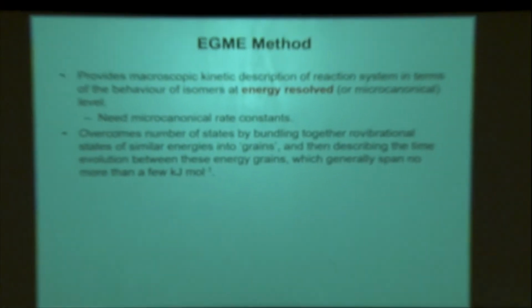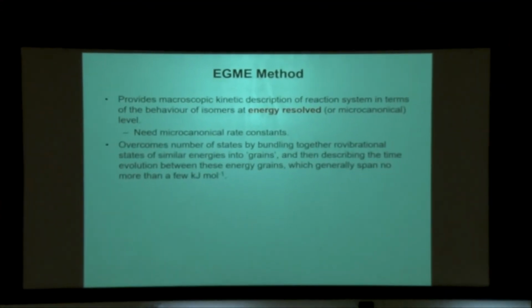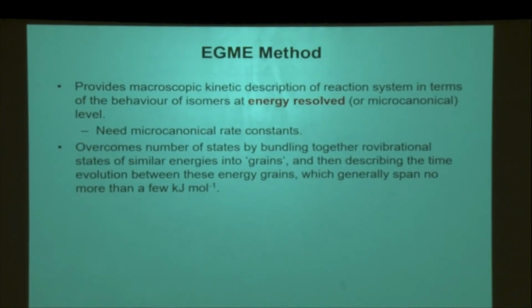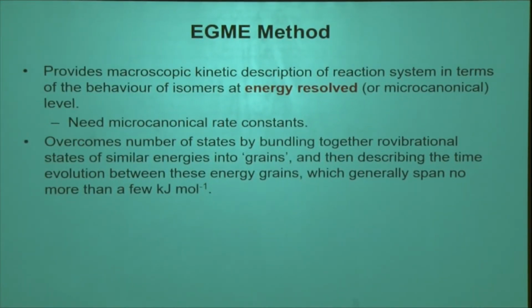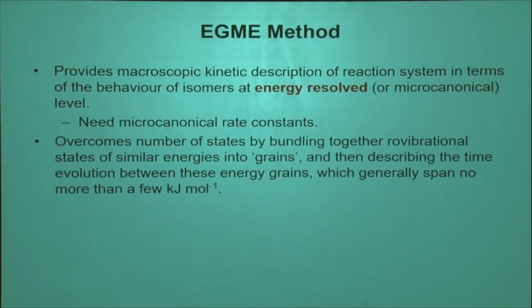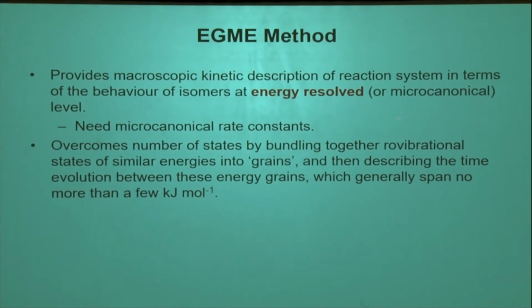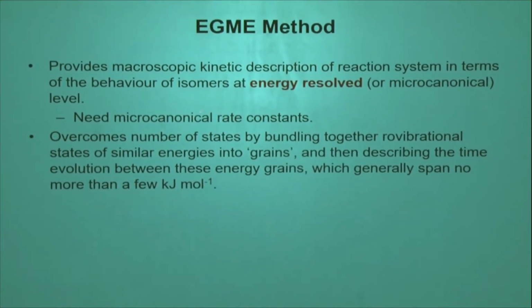Okay, so what we're trying to get out of this is a phenomenological rate constant prediction for different temperatures and pressures. But we're doing this at an energy resolved level, so we're doing this at the microcanonical level in order to be able to predict at the macro level.